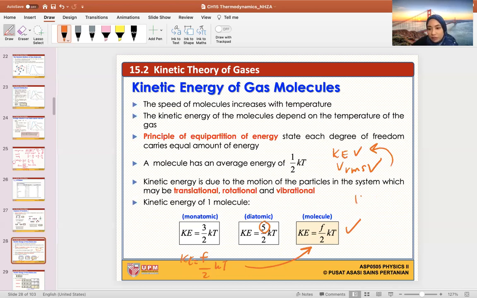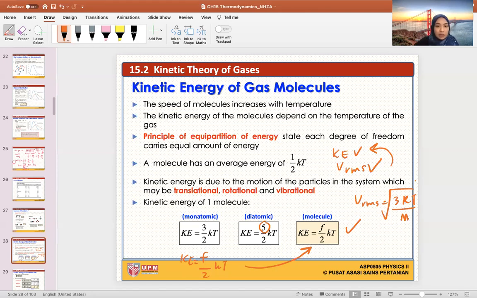So instead of VRMS equals the square root of 3RT over small capital M, this is for a monatomic gas. For a diatomic, it will become 5RT over M. And for a polyatomic, it will become 7RT over M, and so on. KE and VRMS are affected by degrees of freedom.